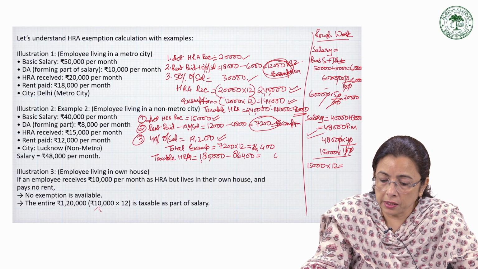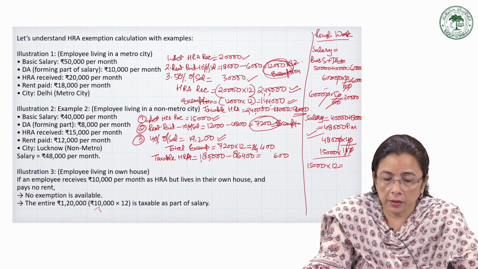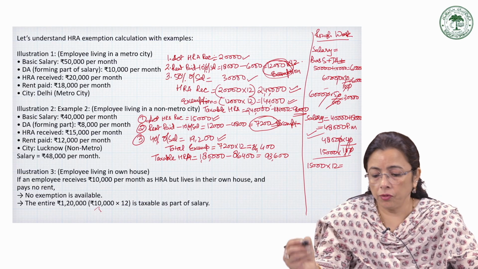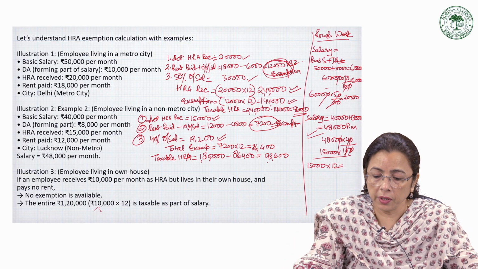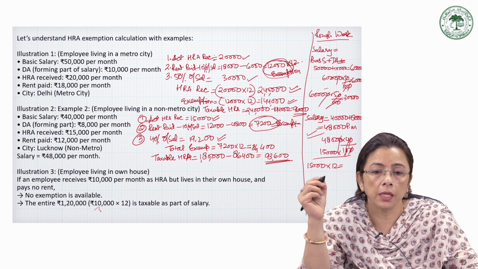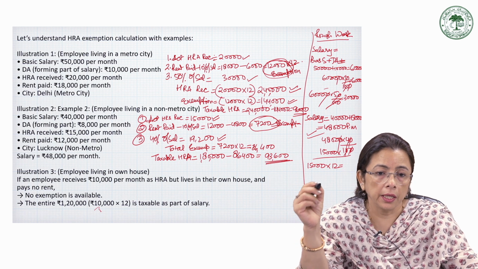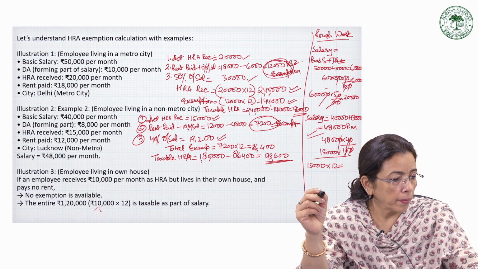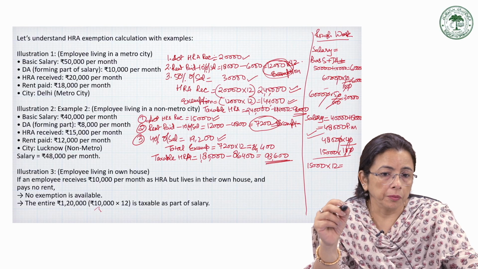The balance is 93,600. So 93,600 is the taxable HRA. Okay, so this is how we compute.